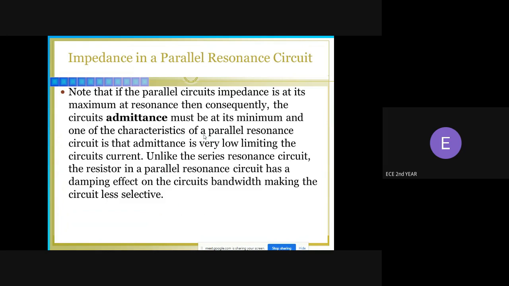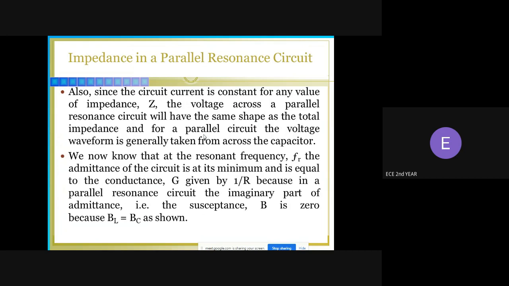Clear? Also, since the circuit current is constant for any value of impedance Z, the voltage across a parallel resonance circuit will have the same shape as the total impedance, and for a parallel circuit, the voltage waveform is generally taken from across the capacitor.